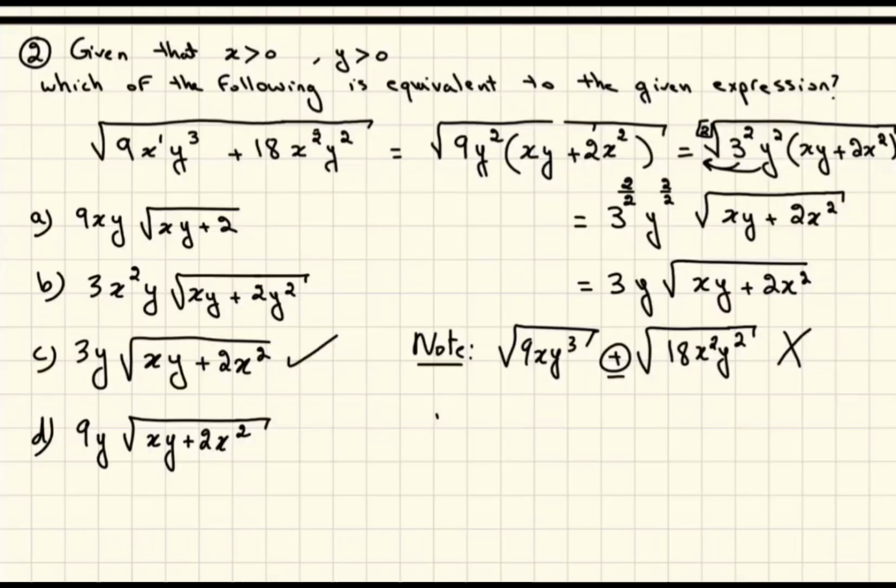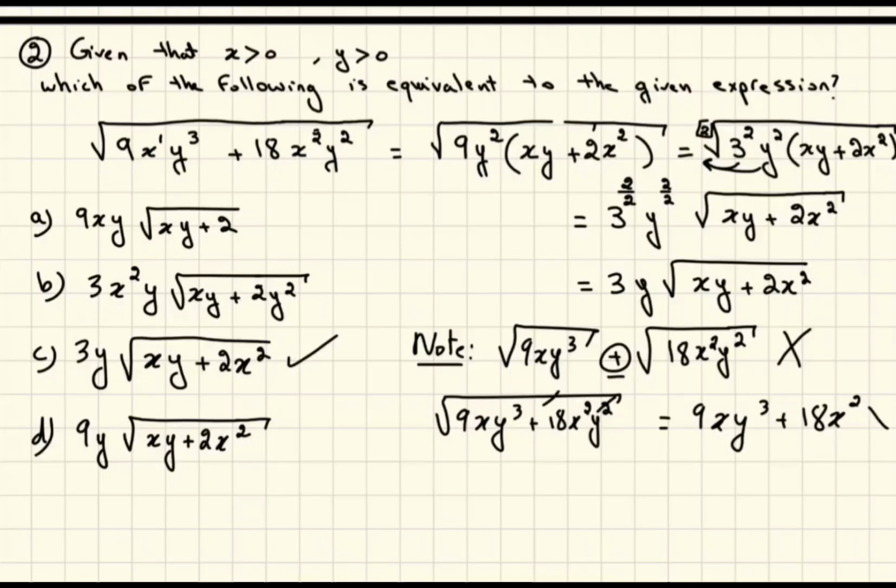Also, some students, they tell me we have a square, so they see a square anywhere inside the radical and they tell me, okay mister, this is what I will do. This square with this radical will cancel, and I will get my answer to be 9xy cubed plus 18x squared, which is also wrong. We never do that. If you want to cancel anything inside the radical, the whole thing must be squared, so you can cancel this radical with this square. Otherwise, you cannot.